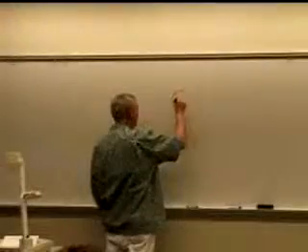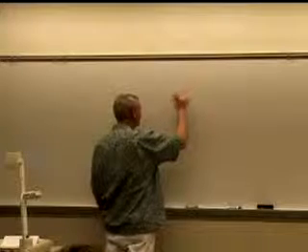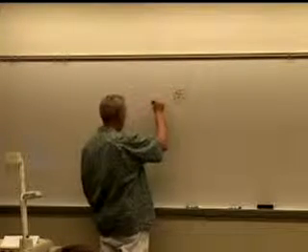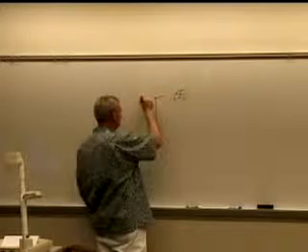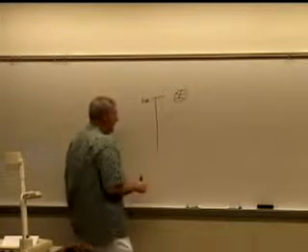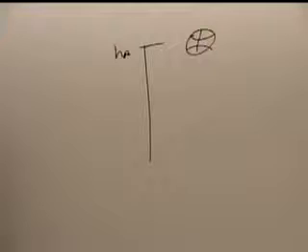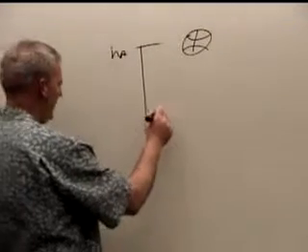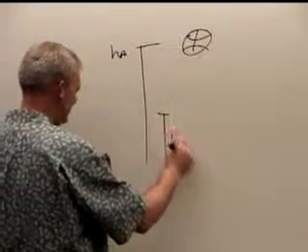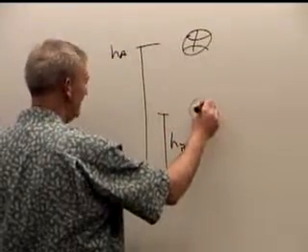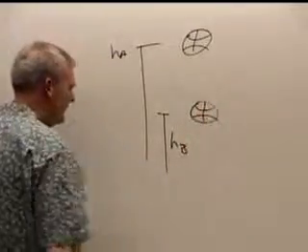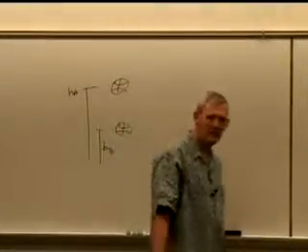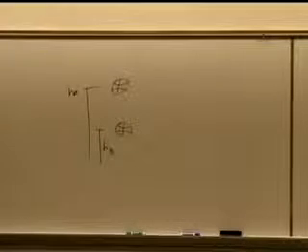So here we go. I have a basketball up here at a height A, and it's being held by a string or something. I cut that string, and it falls down to a height B. Did any work take place as it moved from A to B?